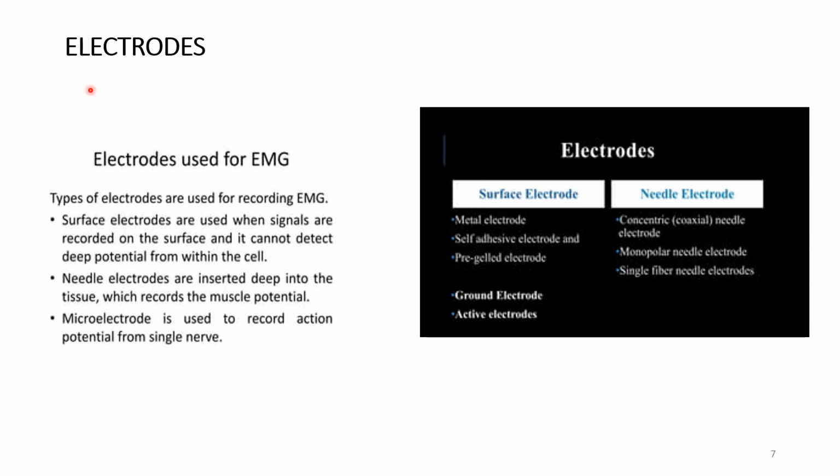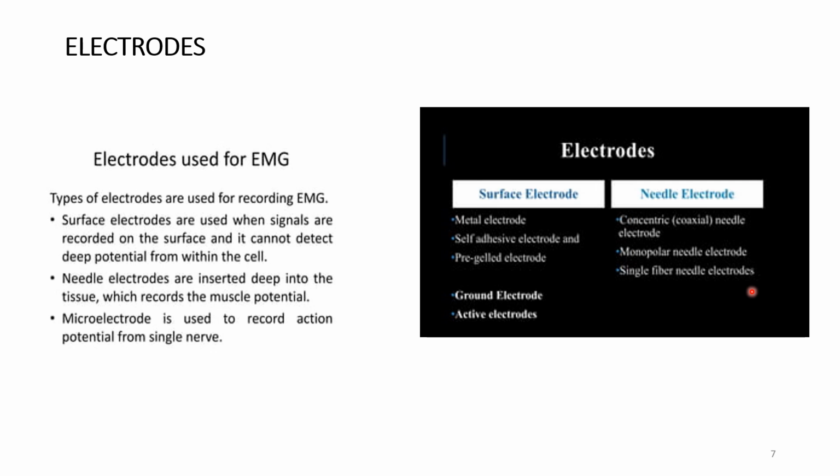Surface electrodes are placed on the skin surface. Needle electrodes are inserted deep into the tissue. Surface electrodes may be of different types: metal electrodes, self-adhesive electrodes, pre-gelled electrodes. Needle electrodes include concentric coaxial needle electrodes, monopolar needle electrodes, and single fiber needle electrodes.